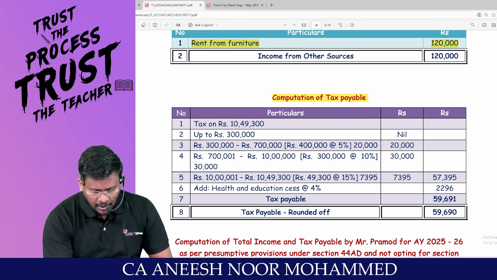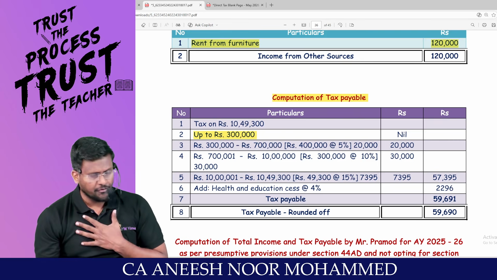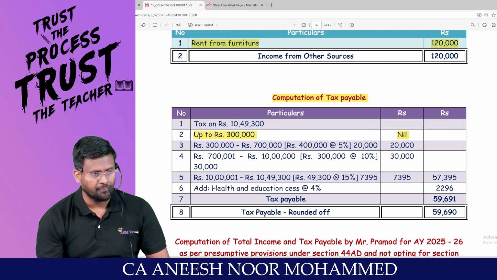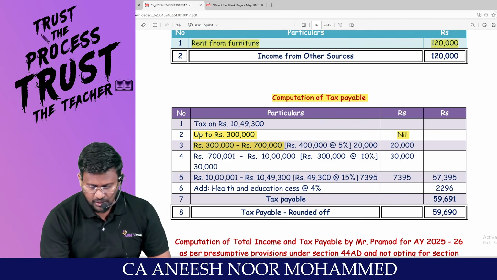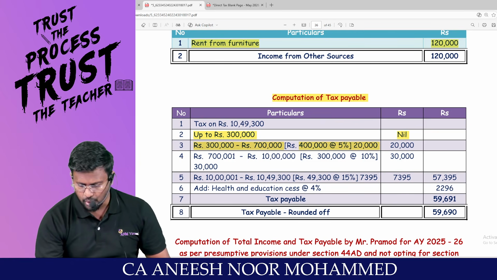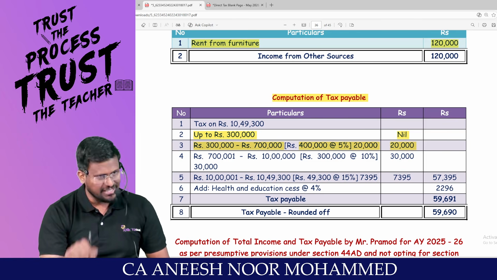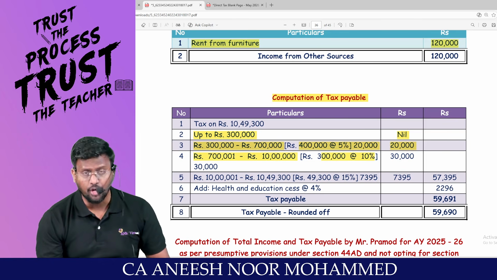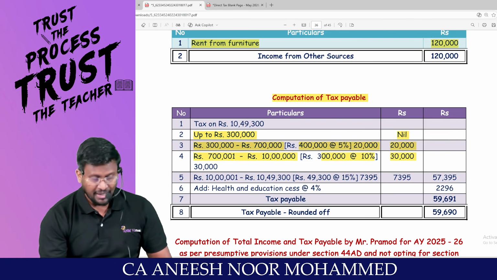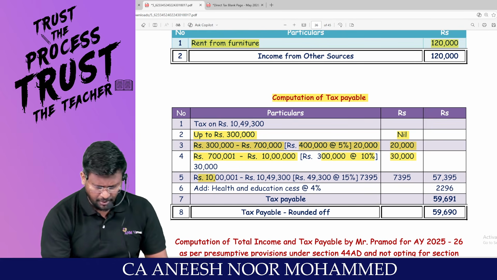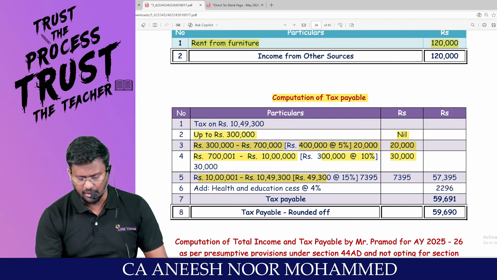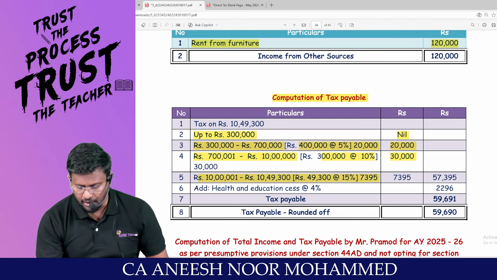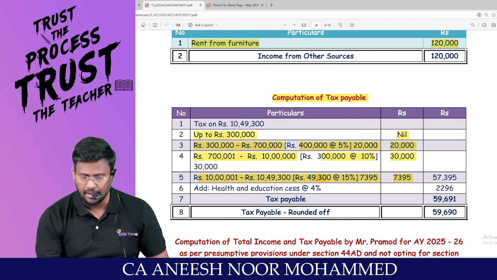Am I right? Sir, I am going to travel through the default tax regime: up to 3 lakh rupees nil. Next 4 lakh, 3 lakh to 7 lakh at the rate of 5% comes to 20,000. Next 3 lakh, 7 lakh to 10 lakh at the rate of 10%. 10 lakh to 12 lakhs is the next slab, but we are having only 10 lakh 49,300. So for that 49,300, 15%, 7,395.